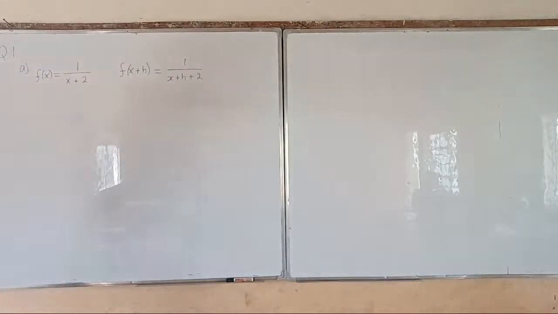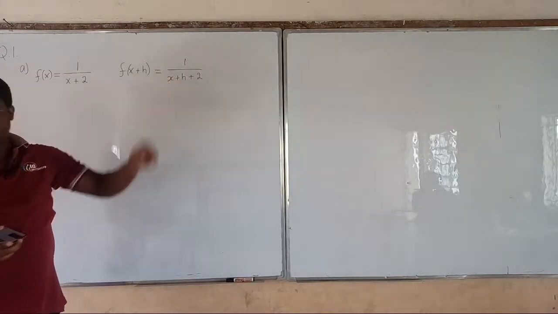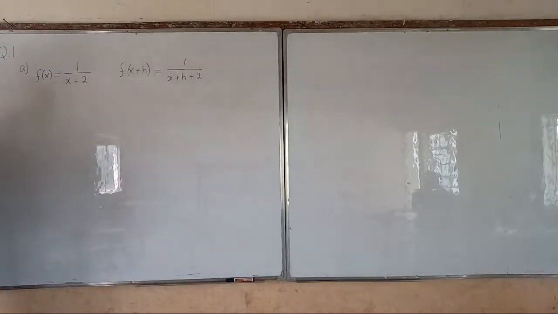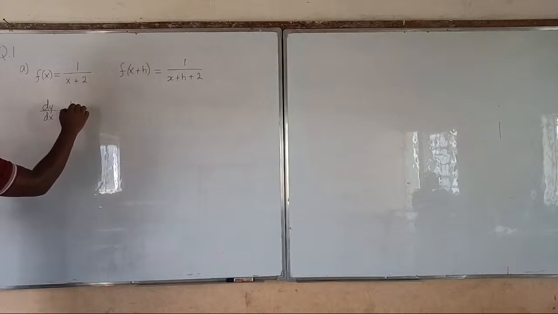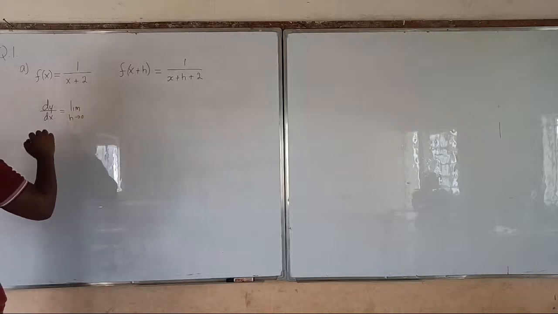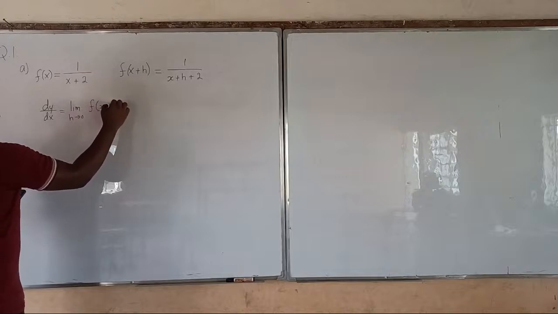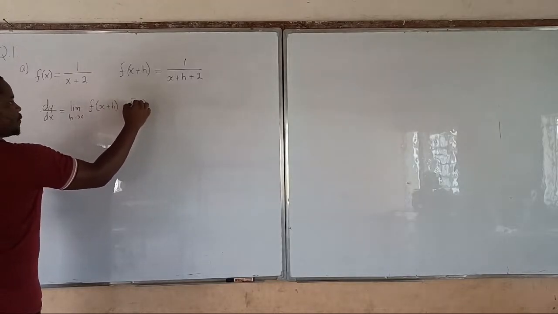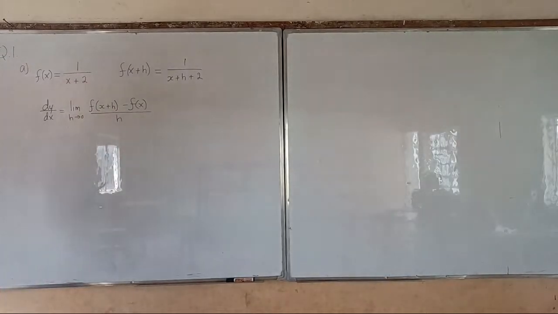Now, the formula for the first principle: dy/dx is equal to the limit as h approaches 0 of f of x plus h minus f of x, divided by h.